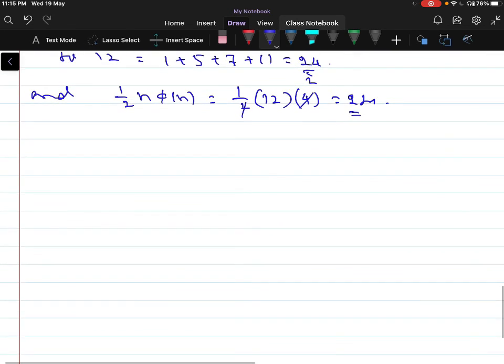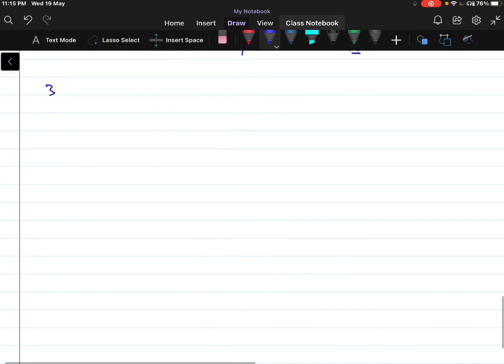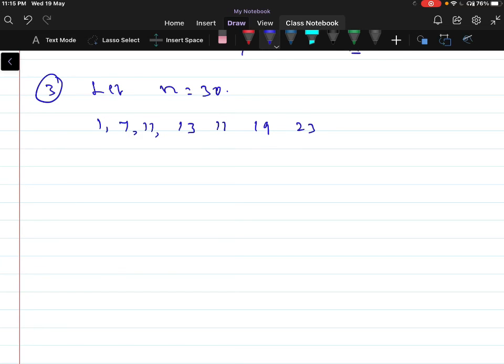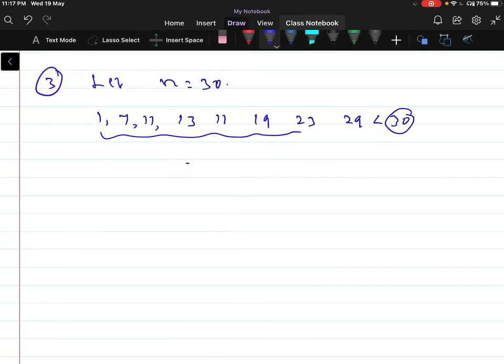So let us take another example. Let n is equal to 30. So there are integers 1, 7, 11, 13, 17, 19, 23 and 29 less than 30, that are relatively prime with integer 30. So therefore phi(30) is equal to 8, there are 8 numbers less than 30 and these integers are relatively prime with 30.